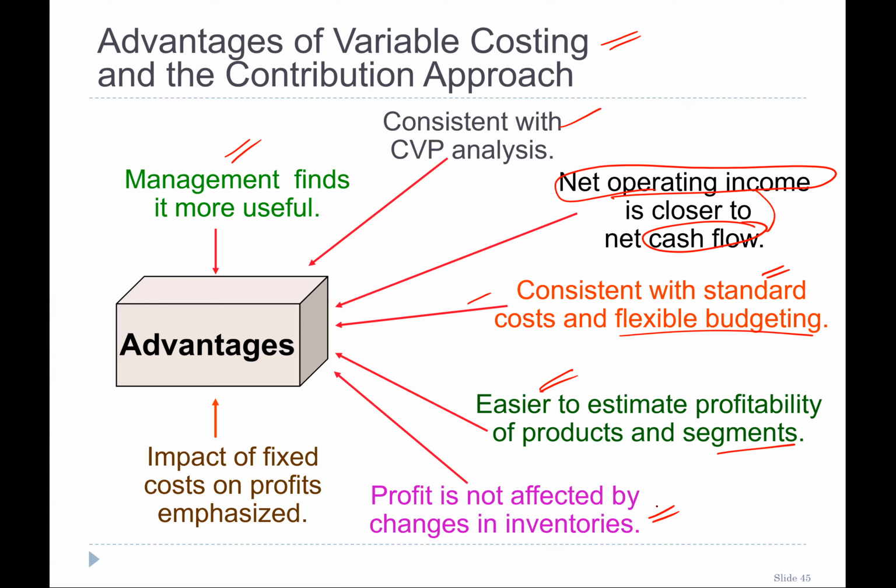Because when we use absorption costing, the fixed manufacturing overhead part on the ending inventory is creating a problem between variable costing profit and absorption costing profit. Plus, the impact of fixed cost on profit is emphasized. That is the advantage of using variable costing.